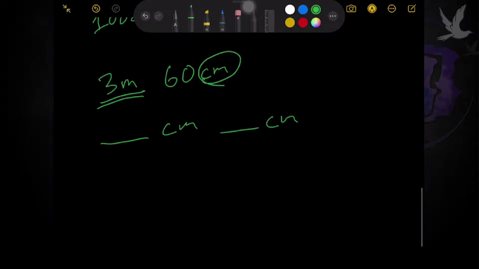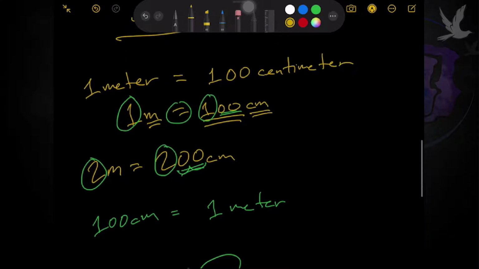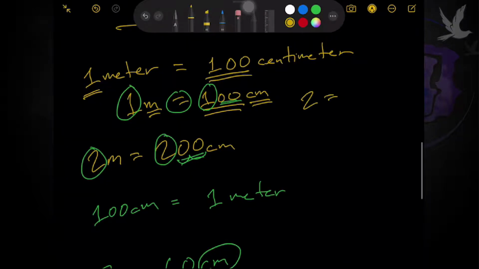And after doing so, all you have to do now is just add them to give you your final length in centimeters. Knowing that 60 centimeters is already 60 centimeters, you can just write it down that way. And 3 meters is what? Knowing that, again, babalik tayo doon, for every 1 meter is equivalent to 100 centimeters. So, ibig sabihin, for every 2, it's 200.